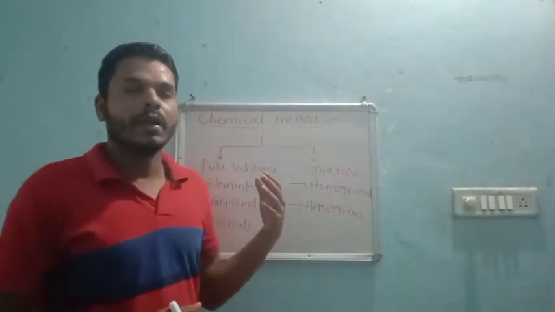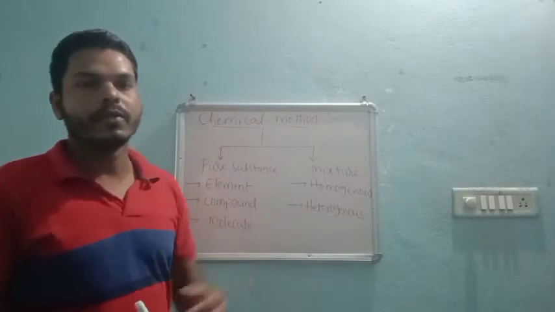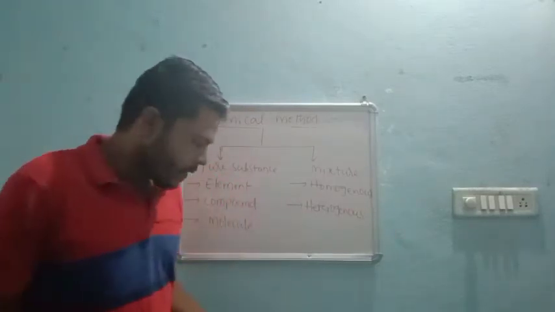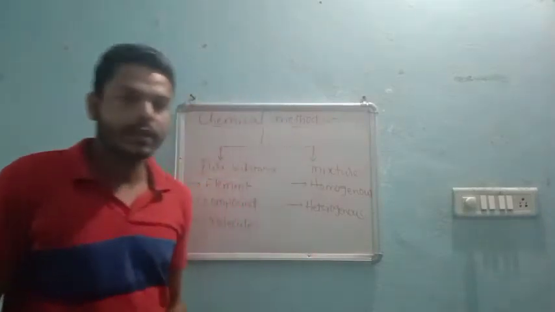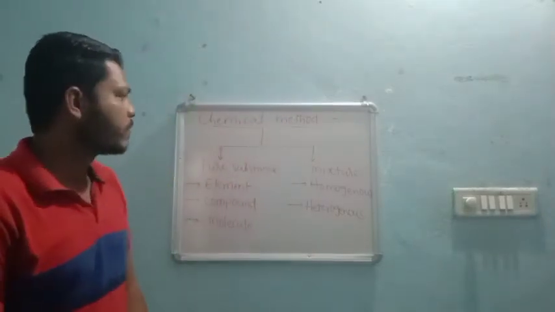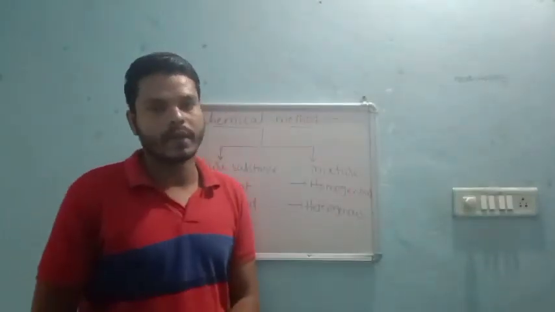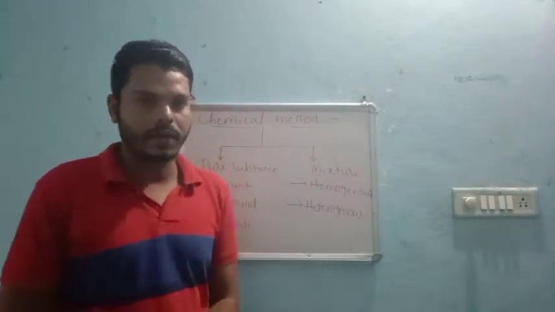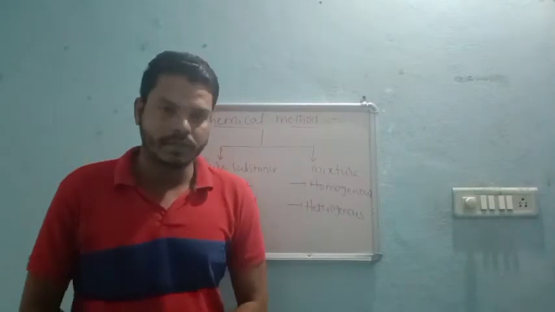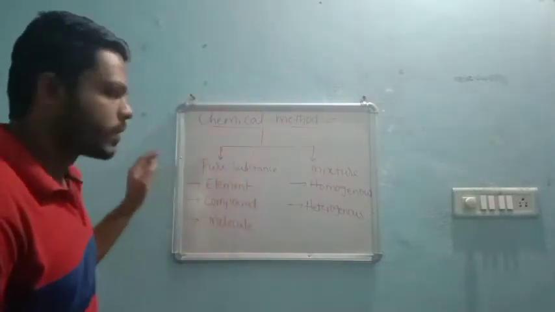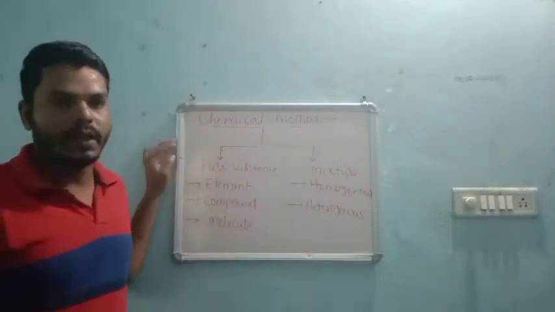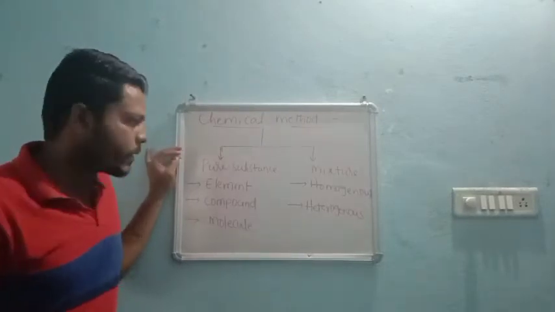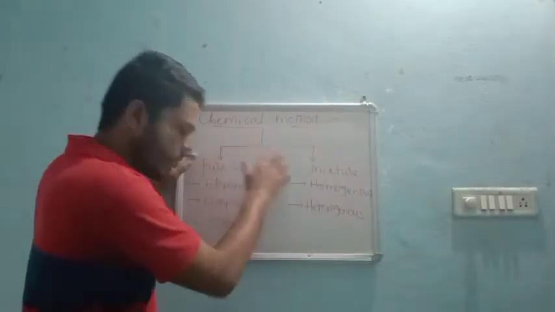In the physical method, we studied solids, liquids and gases. Coming to the chemical method, first of all, we classified it into two categories: pure substances and mixtures. In pure substances, we will study the element, the compound, and what molecules are, right?